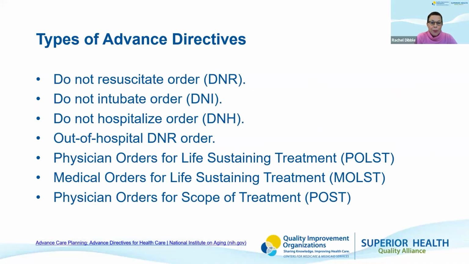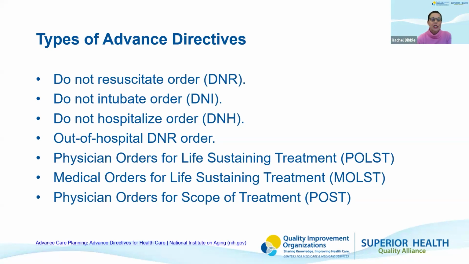So here are the types of advance directives. A do not resuscitate order, DNR, is an advance directive. A DNI, do not intubate. DNH, do not hospitalize. Out of hospital DNR order, meaning you're out of the hospital, you're at home, you've had a heart attack because you have congestive heart failure, and I will tell you later on in the talk how the 911 EMT professionals will know and where to look for that DNR order.